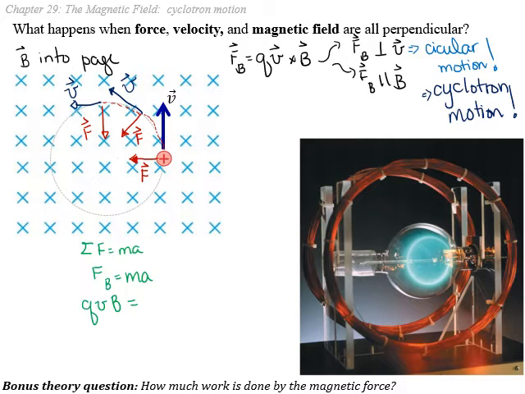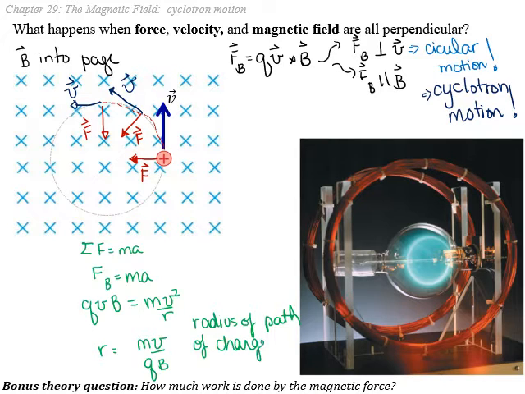That leaves us with QVB equals mass times acceleration. In circular motion, instead of saying acceleration, we can say V squared over R. And we can solve this equation for R equal to m times V over Q times B. This is the radius of a path of a charged particle in a magnetic field.